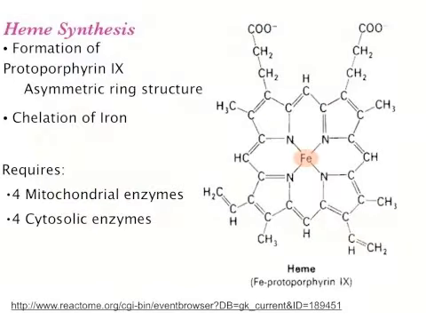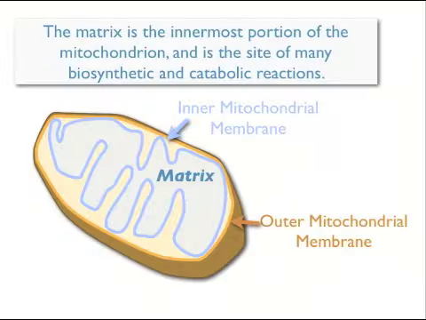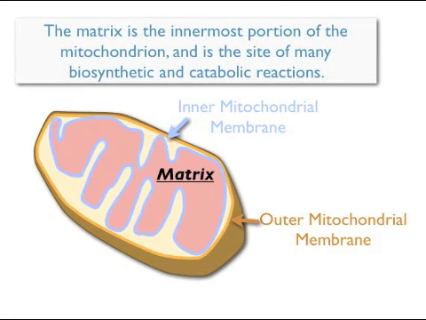Heme synthesis consists of forming an asymmetric ring called protoporphyrin IX. Following the synthesis of this asymmetric ring structure, iron is chelated into the center. Now, the formation of heme requires 4 enzymes in the mitochondria and 4 enzymes in the cytosol. Reaction 1 is a condensation reaction that occurs in the mitochondrial matrix.